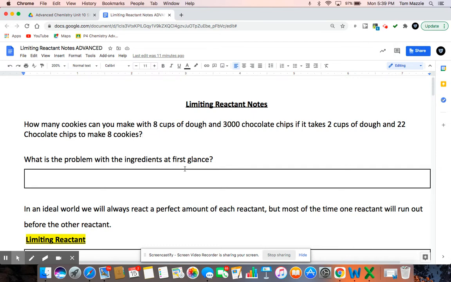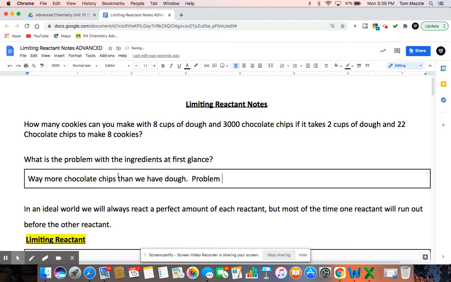One thing I hope you notice about the ingredients, just taking a quick look. Obviously, 8 cups of dough and 3,000 chocolate chips is not very proportional. So the problem here is we have way more chocolate chips than we have dough.